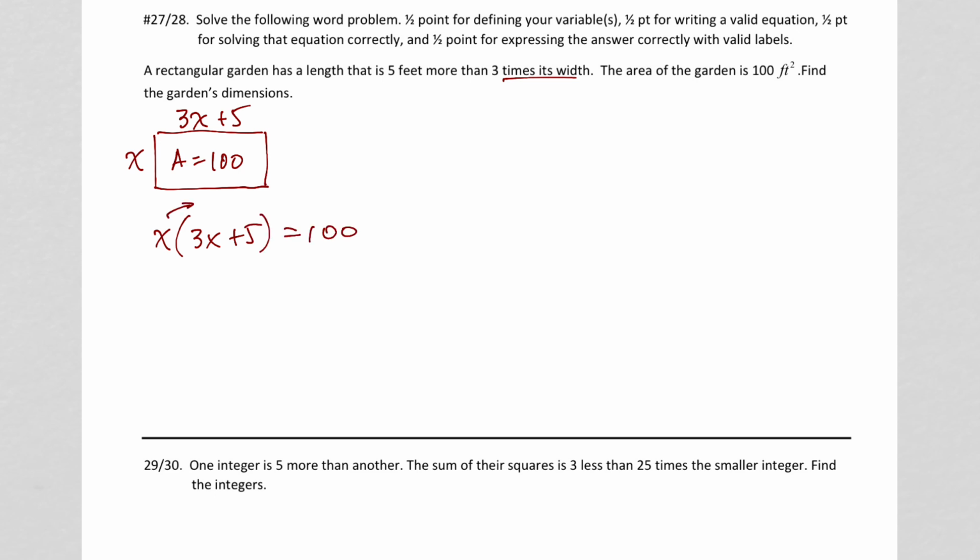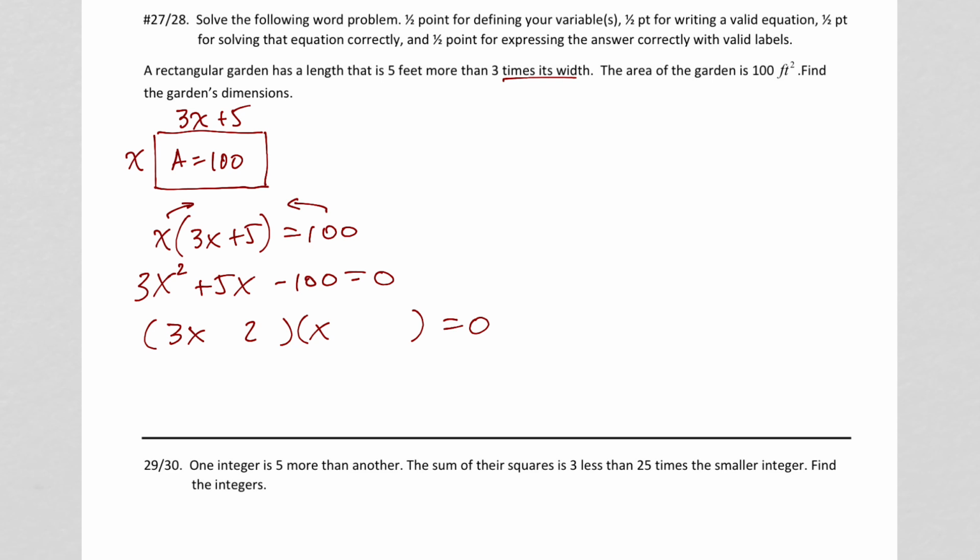I'll distribute this and get 3x squared plus 5x, and I'll move this over, so it's minus 100 is now equal to 0. This will factor as 3x and x. Let's see. Let's go 10 and 10, 20 and 5.